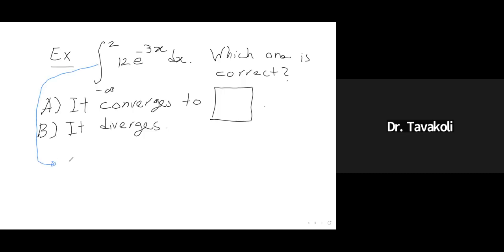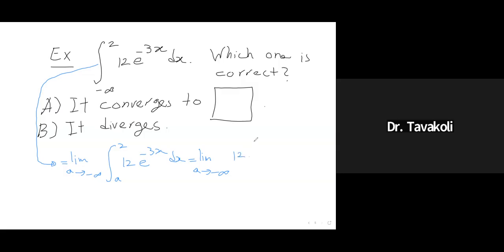So by definition, this integral equals the limit as a tends to minus infinity of the integral from a to 2 of 12 e to the power of minus 3x dx. For now, let's keep the limit here and calculate the integral. 12 is a constant, it comes out.